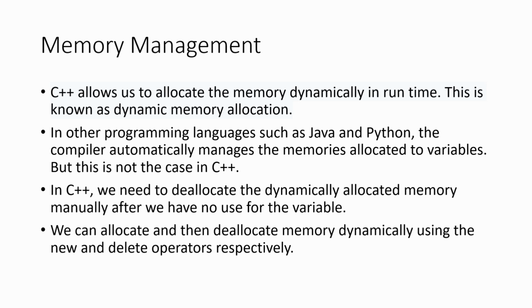Now that I think of it, let me go ahead and do memory allocation and deallocation. Let me check something. In Java, memory management. Yeah, in Java it's slightly different because it automatically does the allocation for you and then garbage collection.